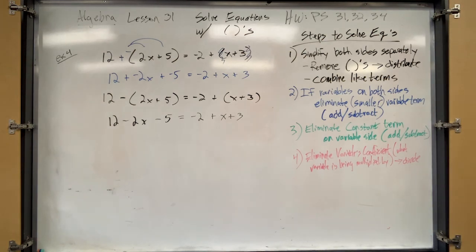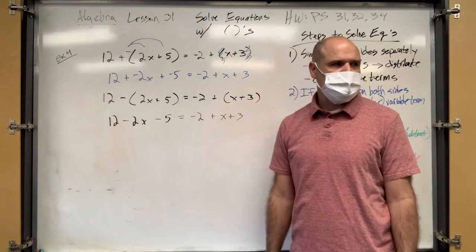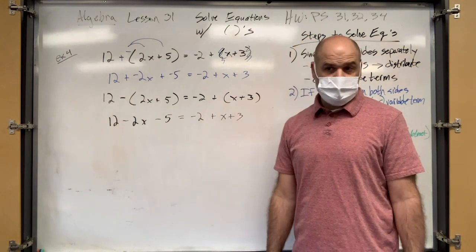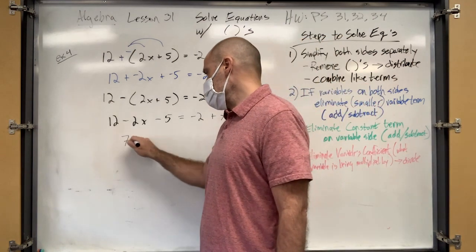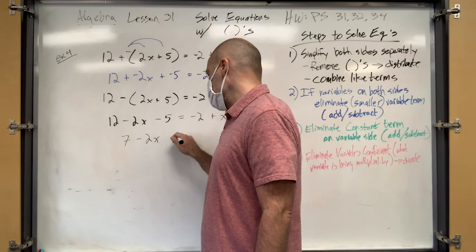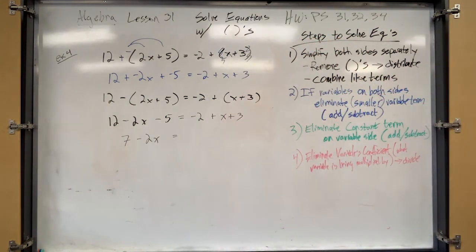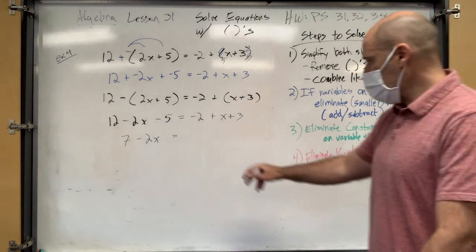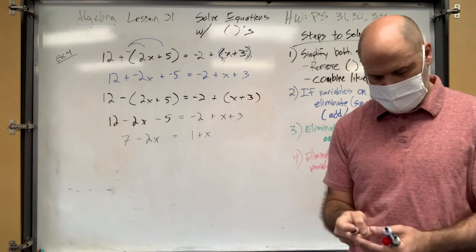So that's fine. All right, what's the next part of simplifying both sides of an equation? Combine like terms. Okay, so what do I combine to over here? Okay, so what does that combine to? 7. All right, good job. So 7, and then you still have that -2x. What about over here? What does that combine to? 1 plus x. All right, now what do you want to do?